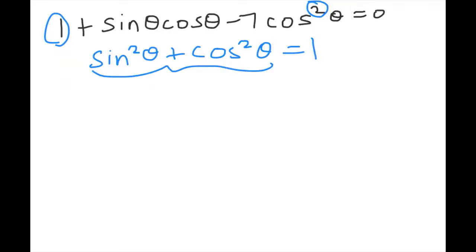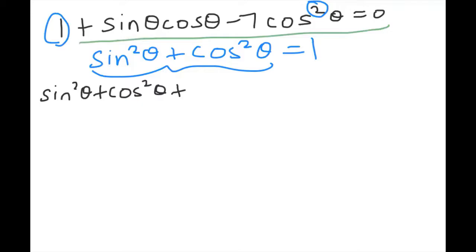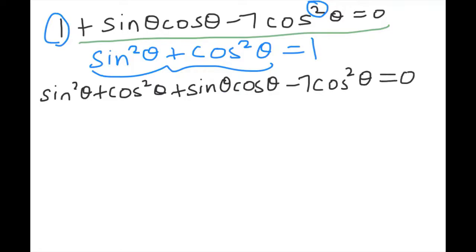Let's write that 1 over there, which is sine squared theta plus cos squared theta, and then just write the rest of the sum over there: plus sine theta cos theta minus 7 cos squared theta equal to 0.